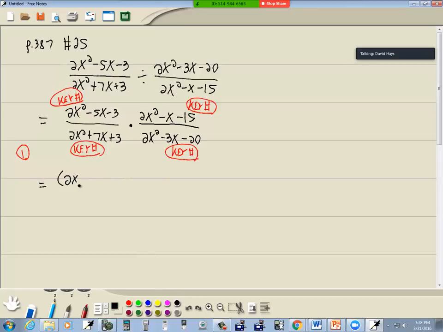So this becomes 2x squared minus 5x minus 3 factors as, let me double check that, 2x plus 1 times x minus 3, and the bottom, the first fraction becomes 2x plus 1 times x plus 3.